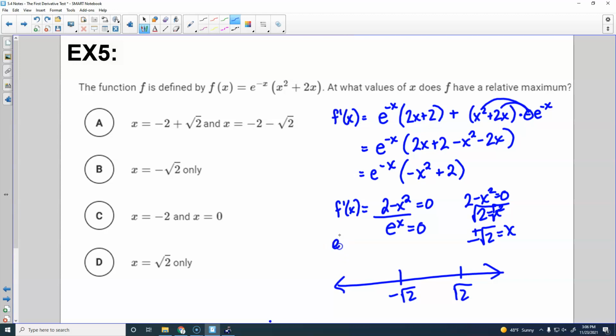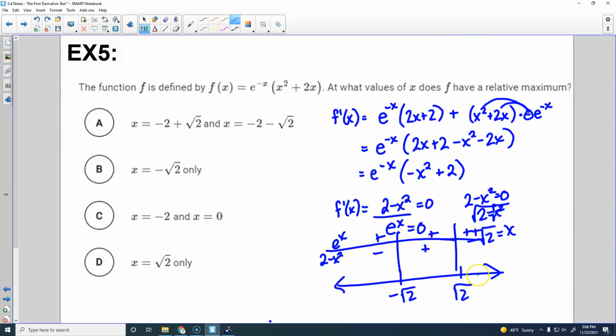So e to the x is always positive, right? So you could leave it off of the chart or include it. And then you got 2 minus x squared. So 2 minus, let's say like negative 2 squared would be 2 minus 4, which would give you a negative. Put 0 here, you get a positive.